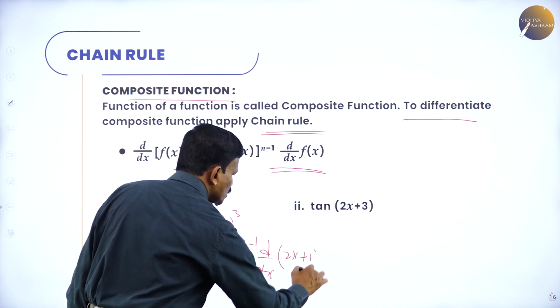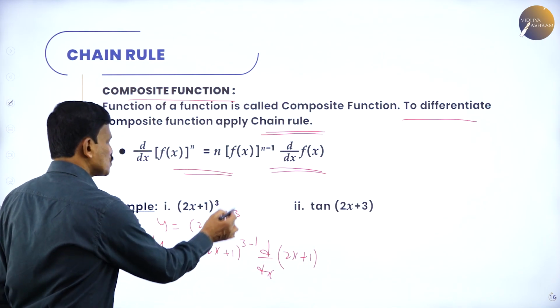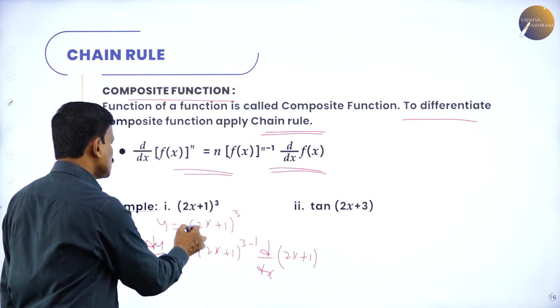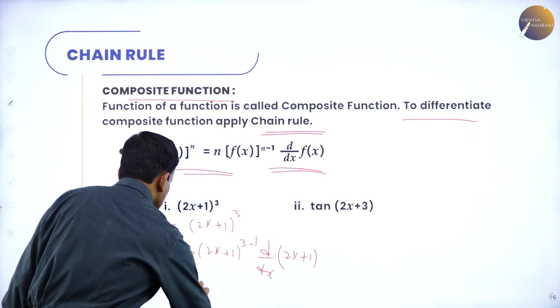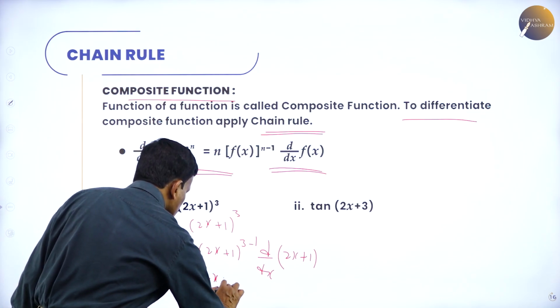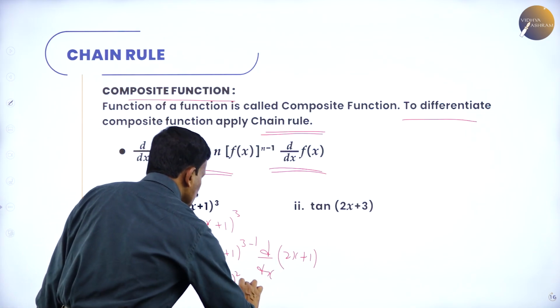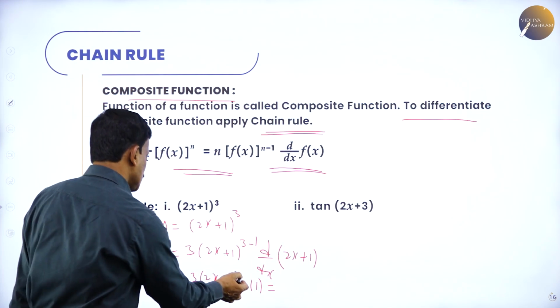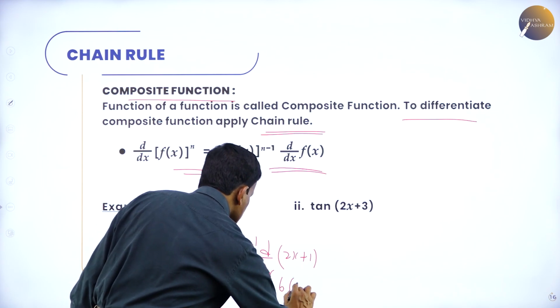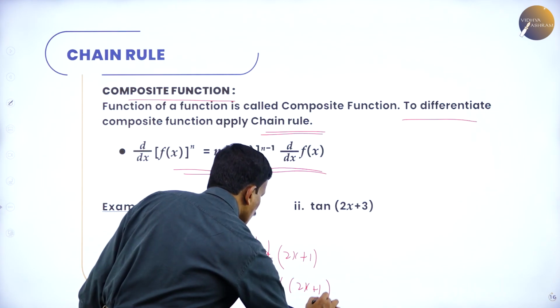Inside function is 2x plus 1. This is 3 into 2x plus 1 whole square into 2 into differentiation of x is 1 plus differentiation of constant 1 is 0. 2 threes are 6. So, 6 times 2x plus 1 whole square.